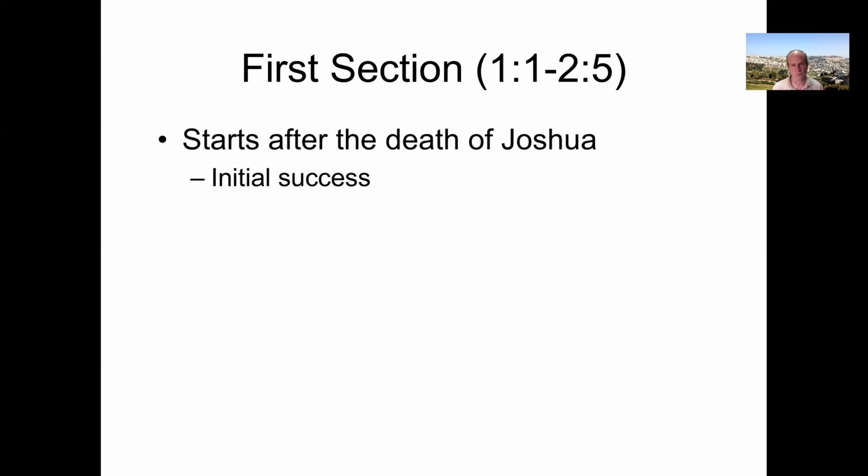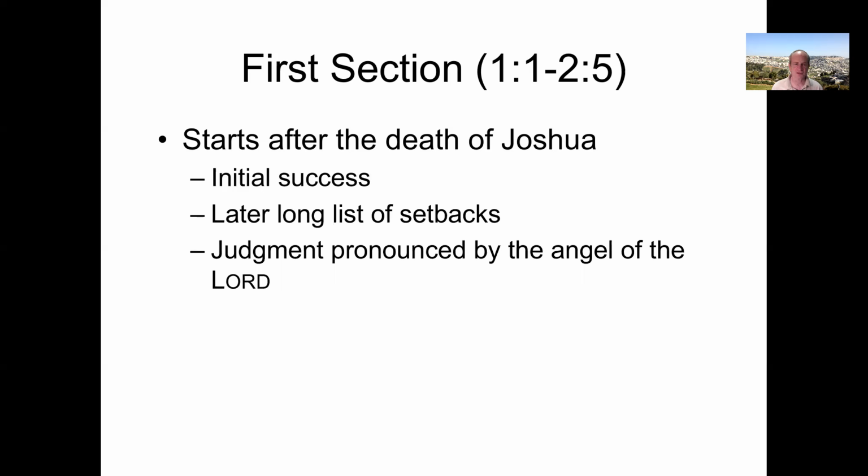The people always went back to their camp. But in the book of Judges, they're trying to settle the land. And initially they have some success. And then later there's kind of a long list of areas where they didn't have success, a long list of setbacks. And because of that, it's apparently because of their disobedience in certain areas. And so judgment is pronounced on the people by the angel of the Lord.